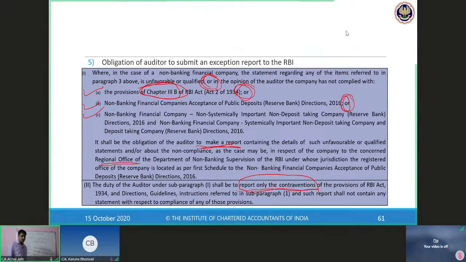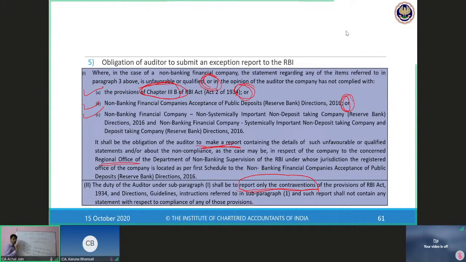Okay, yeah. So first one, there is a contravention, no doubt about it, which is contravening the requirement of the regulation. CRAR should be as per the prescribed limit. If that is not as per the prescribed limit, auditor will need to report that. So auditor will definitely report.